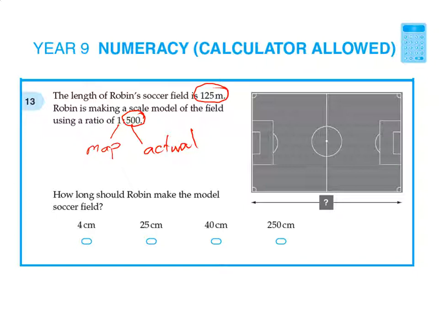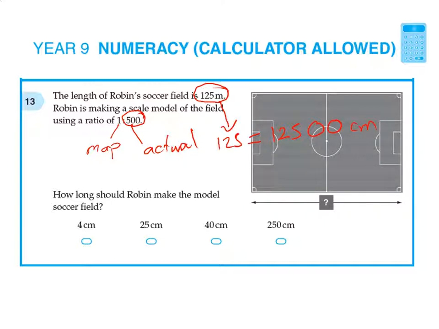Now, the problem is that all the answers are in centimeters, so we need to convert the 125 meters into centimeters. 125 meters is the same as 12,500 centimeters.